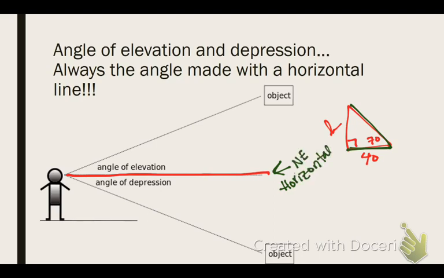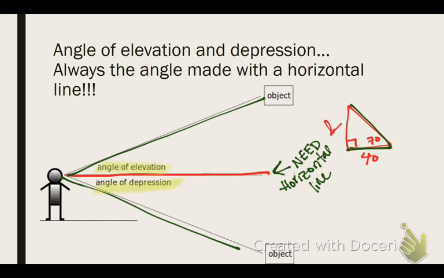You need a horizontal line like you need food and water. You can't have an angle of elevation or depression without it. Once you've drawn that, then you can draw the other portions as well as the words angle of elevation and angle of depression.